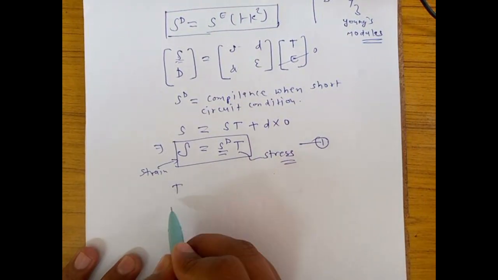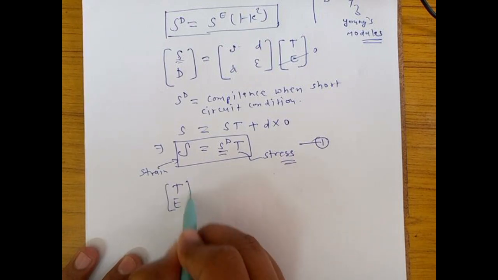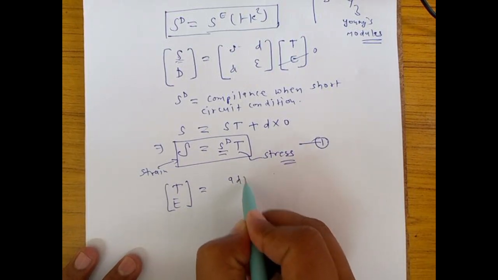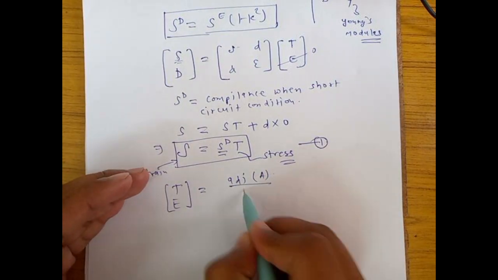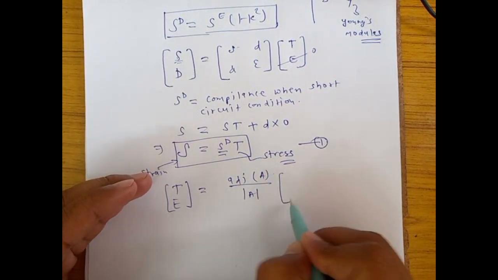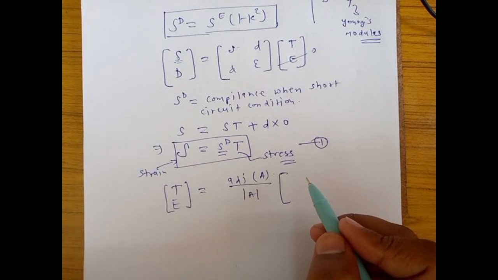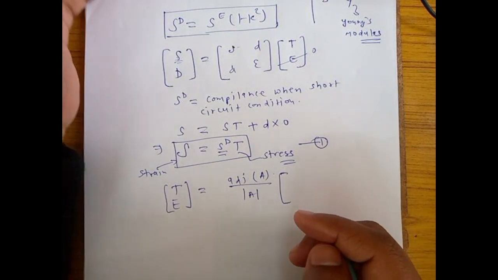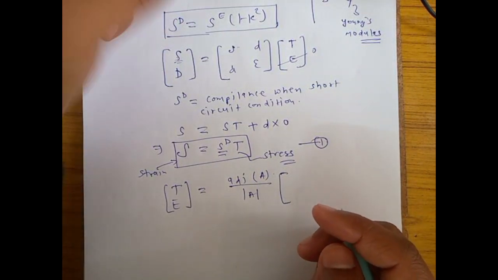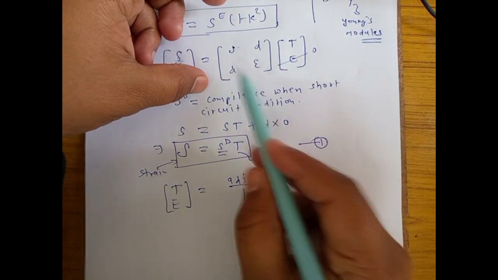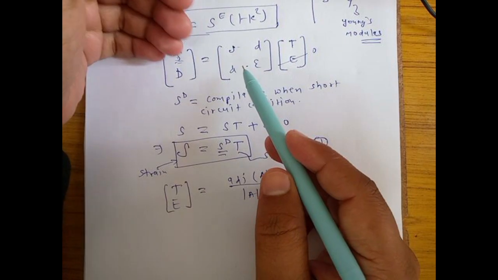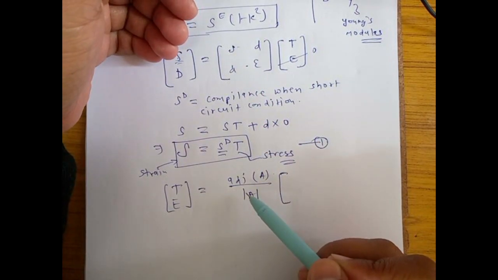Then T and E are nothing but the adjoint of this matrix, let's say A, divided by the determinant of A. Because if we want to take the inverse of any matrix, we simply take the adjoint of A and divide by the determinant of A.